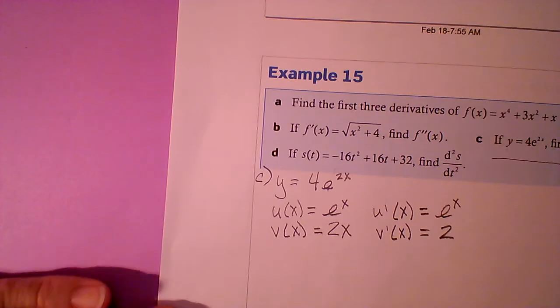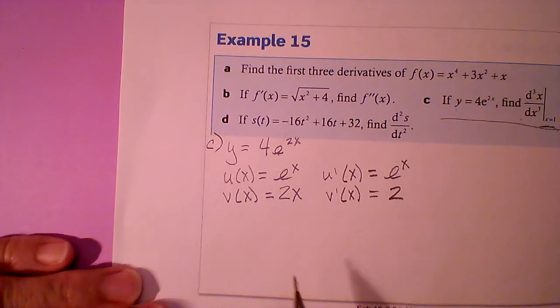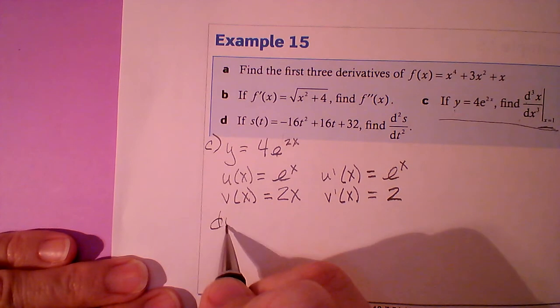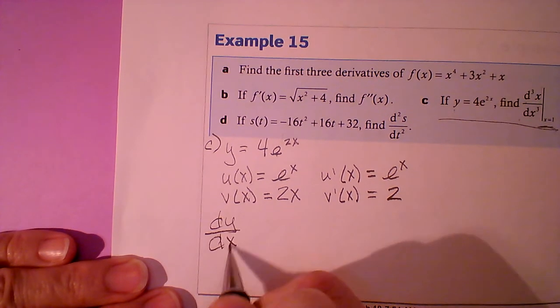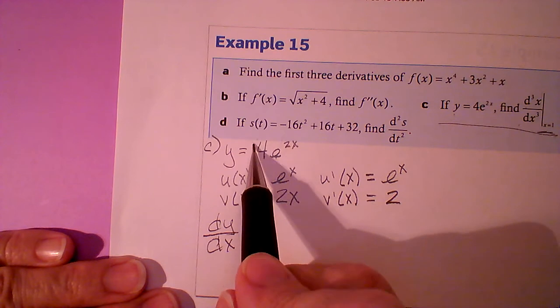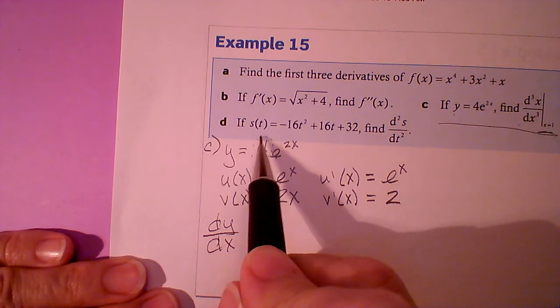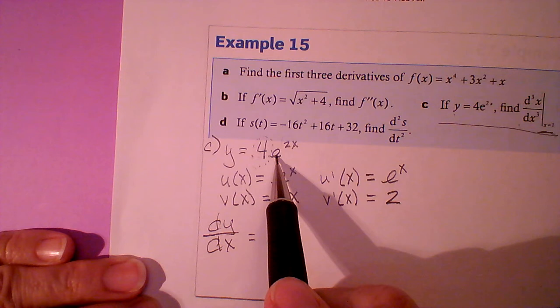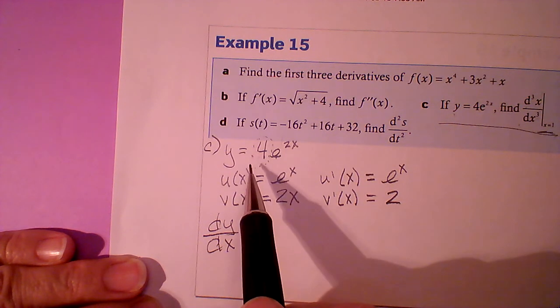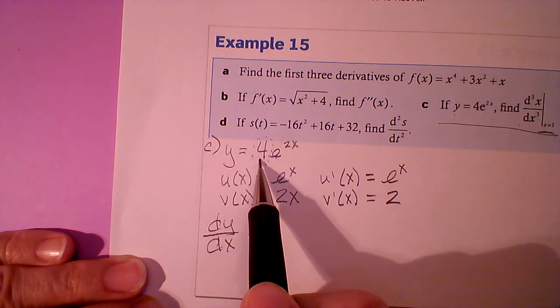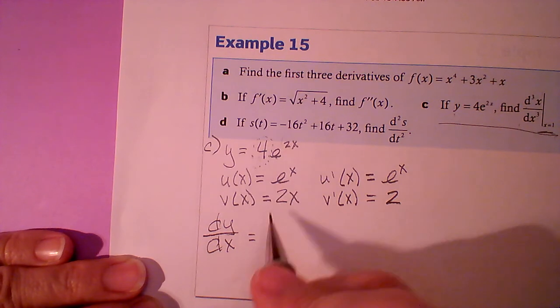So I can take my first derivative, and I need to use that derivative notation. So it's going to be dy over dx. Don't forget we have this constant in front here now. When we learned the constant rule, if you have a constant times a function, in the end you take the derivative of the function and multiply it by the constant. So the constant stays there.